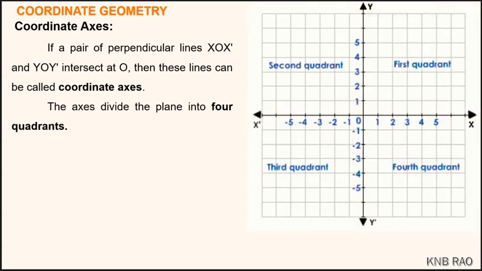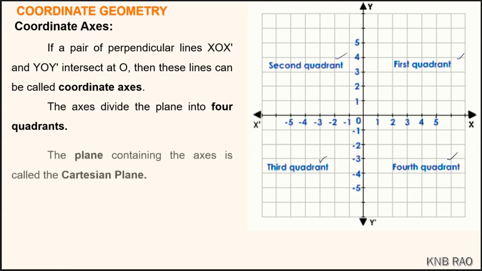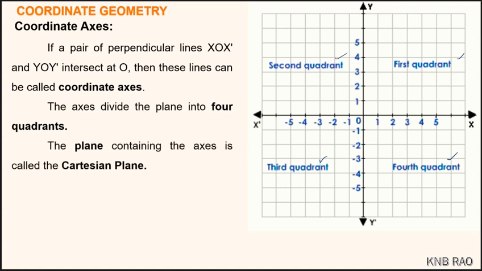Here you could see the axes XOX' and YOY' divide the plane into 4 quadrants: first quadrant, second quadrant, third quadrant and fourth quadrant. The plane containing the axes is called the Cartesian plane. The plane in which coordinate axes divide it into 4 parts will be called the Cartesian plane.